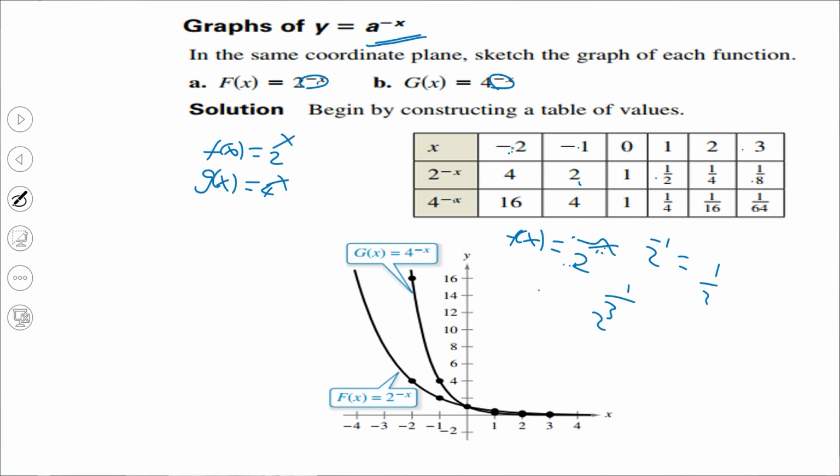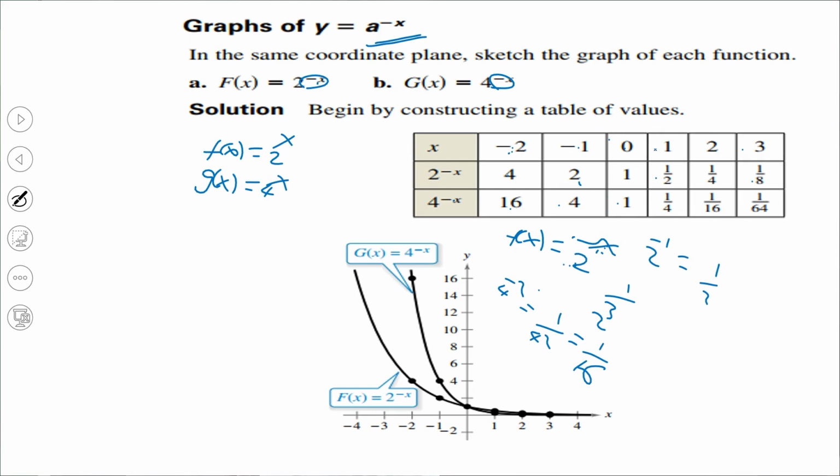In a similar way, for 4 to the power of minus x, if I choose minus 2, 4 to the power of positive 2 is 16. If I choose minus 1, that is 4 to the power of 1, which is 4. For 0, any number to the power of 0 is 1.